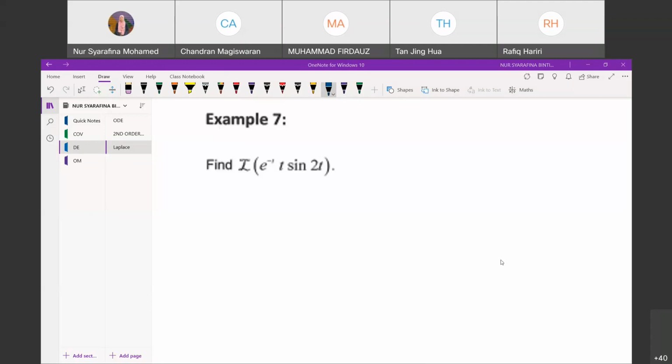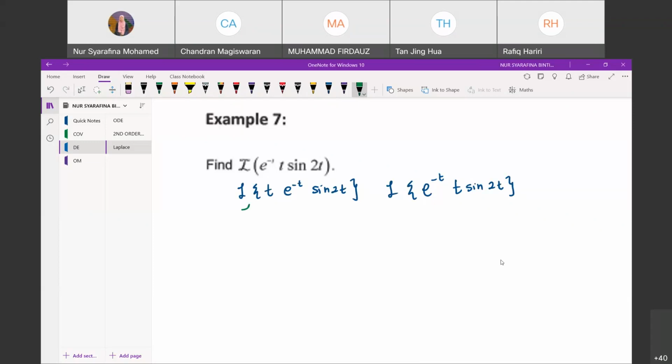Shifting and multiplication. Either you rearrange this as t exponent minus t sine 2t, or you remain with the original arrangement as exponent minus t sine 2t. So it involves shifting and multiplication.